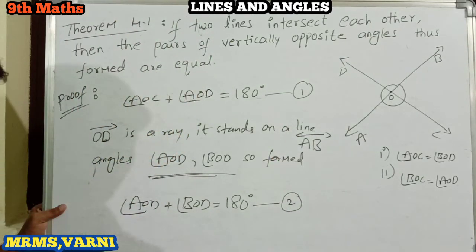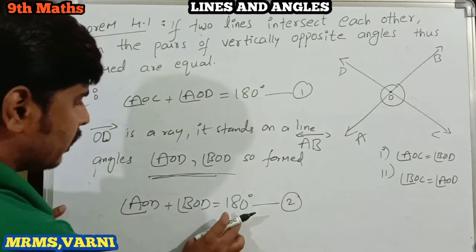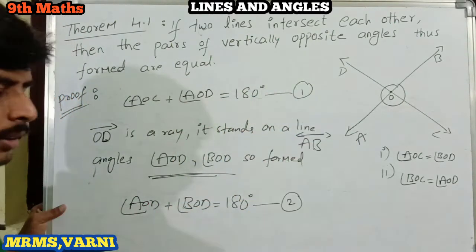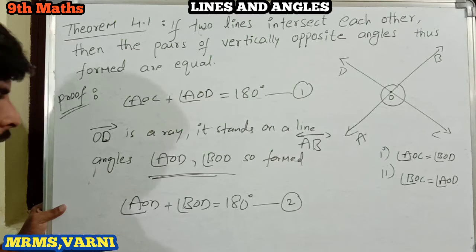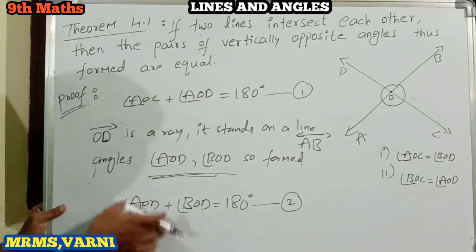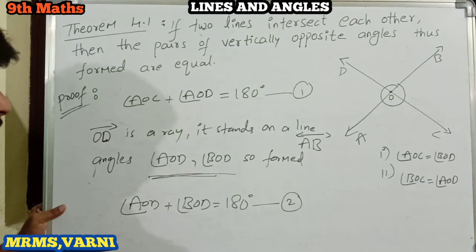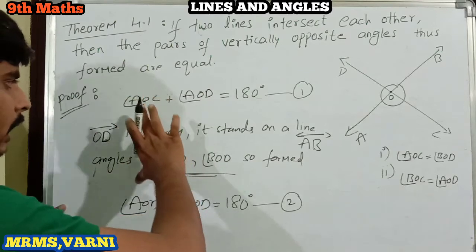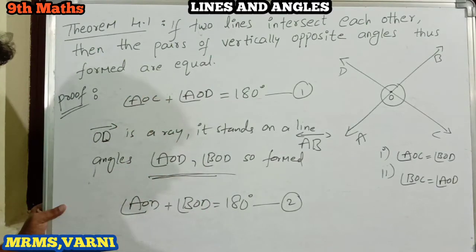So this is 180 degrees and this is 180 degrees. So both the RHS are equal. What can we say? If both RHS are equal, we can write LHS also equal. Is it clear?